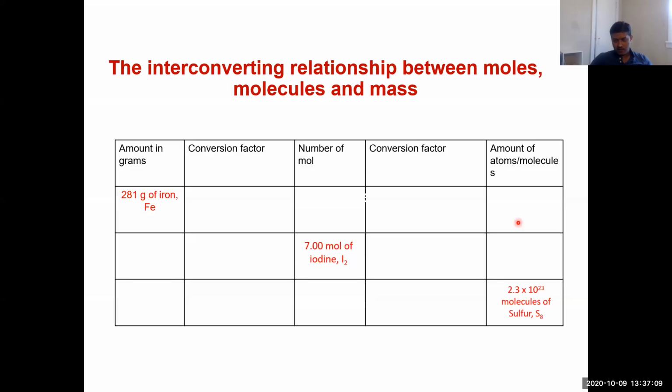Actually, you can, because we already know how a mole is related to the molar mass of any molecule or atom in grams. So you could use that as a conversion factor. And we already learned that a mole and amount of particles are related based on Avogadro's number.